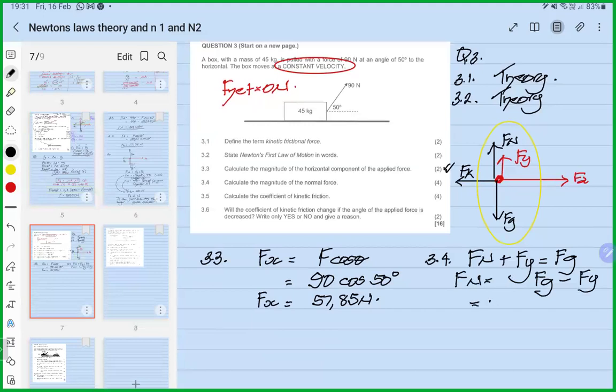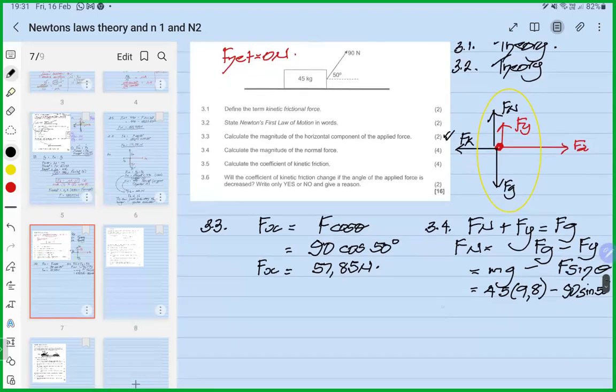Fg is mg, Fy is F sine theta. Your mass, 45 times 9.8 minus 90 sine 50. Right, what is the answer for Fn here? 372.06.